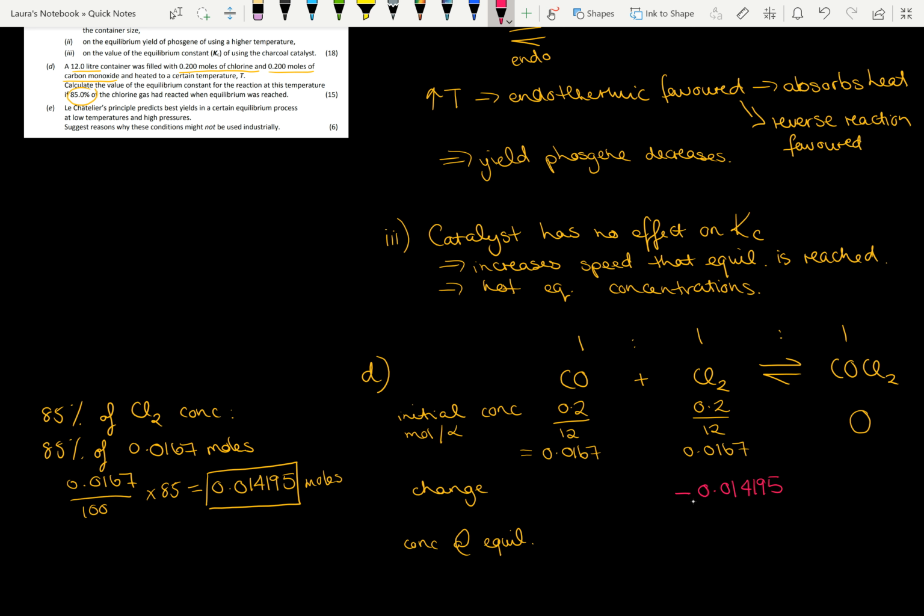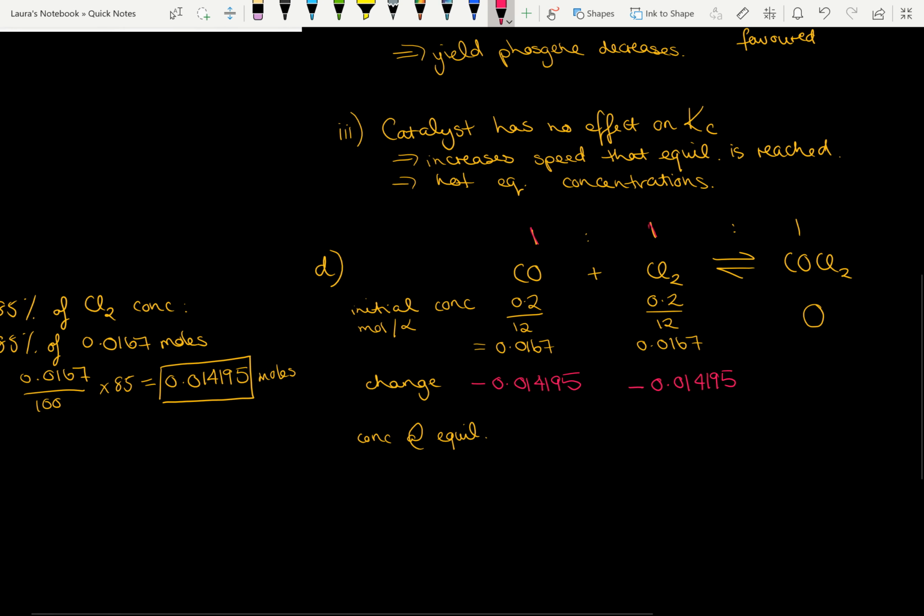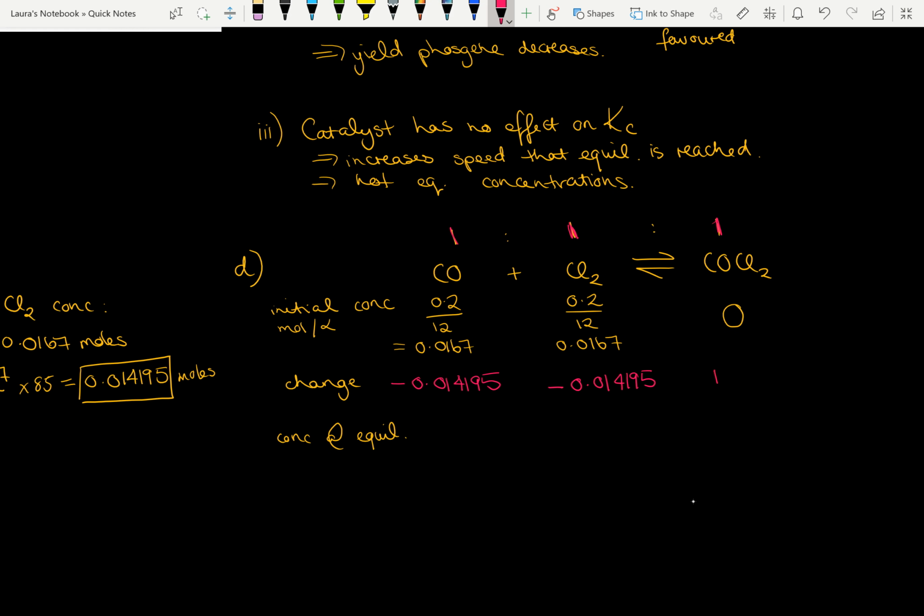Now, because it's a 1-to-1 ratio between our two reactants, if that many moles of the chlorine changes, we have the same change for our carbon monoxide. Similarly, because it's a 1-to-1 ratio between the reactants and the product, if that many moles of the chlorine and the carbon monoxide are used up, we get the same number of moles of the product being produced. And now we can calculate our concentrations at equilibrium.